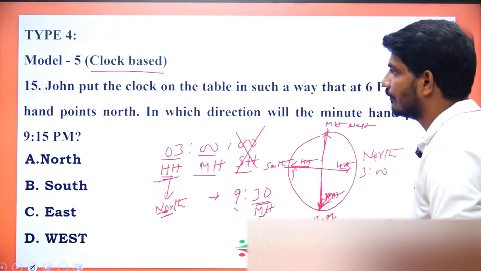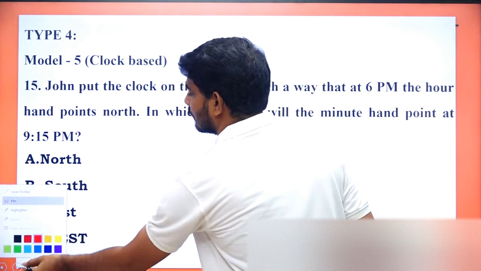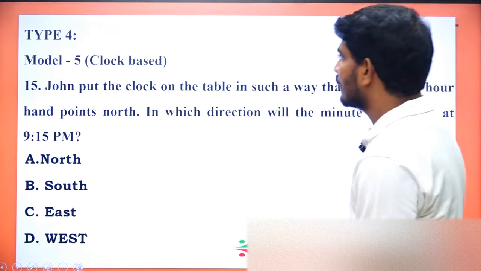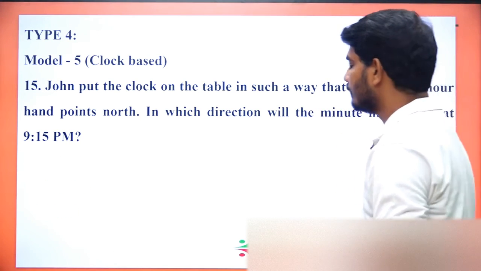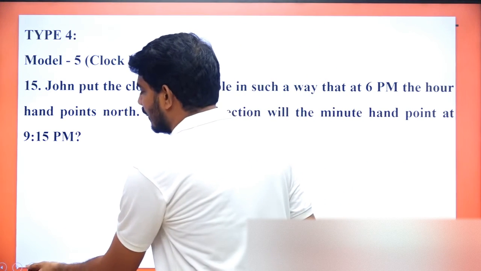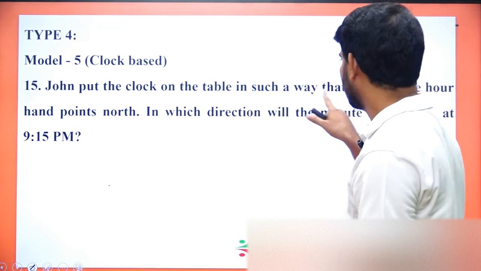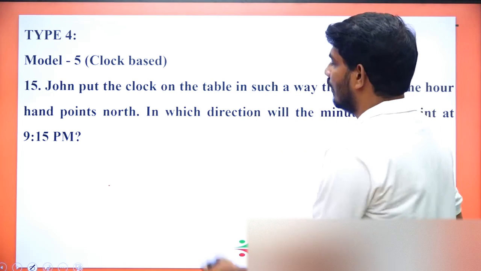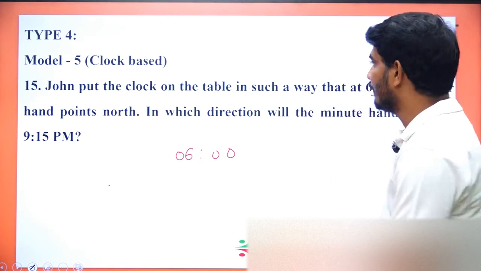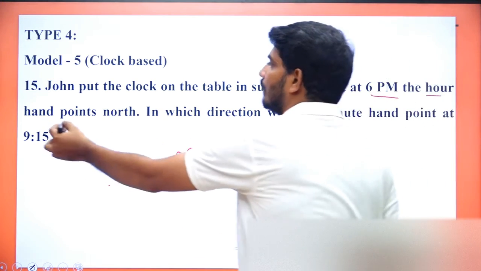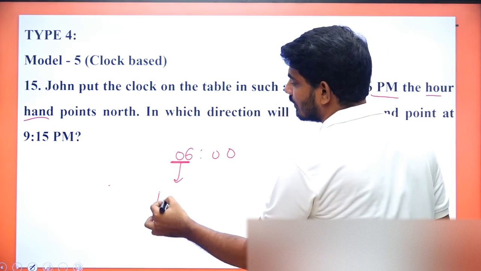Let's see this problem. John put the clock on a table in such a way that at 6 p.m. the hours hand points to north.